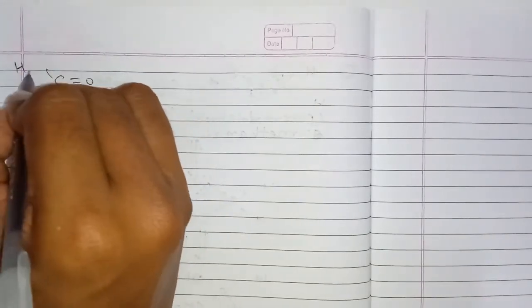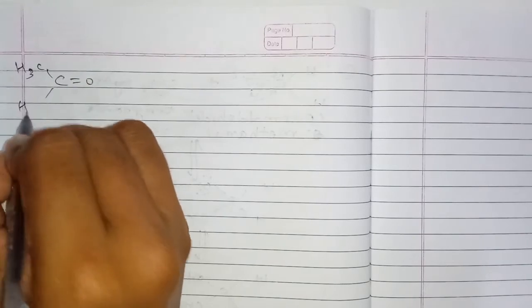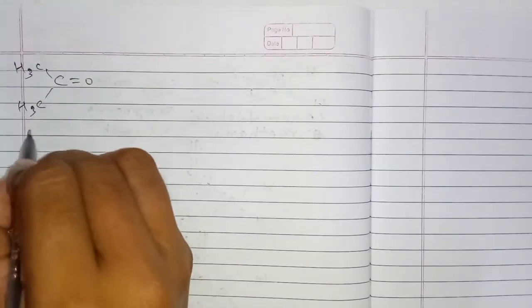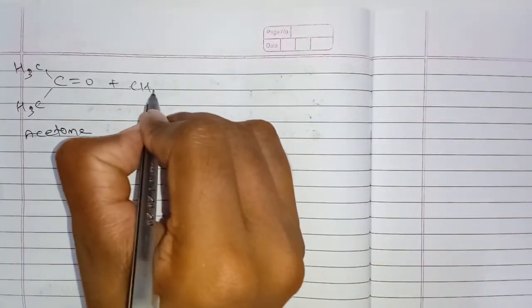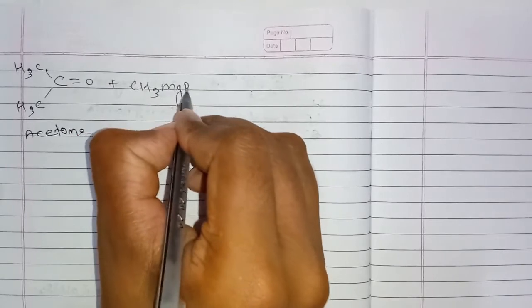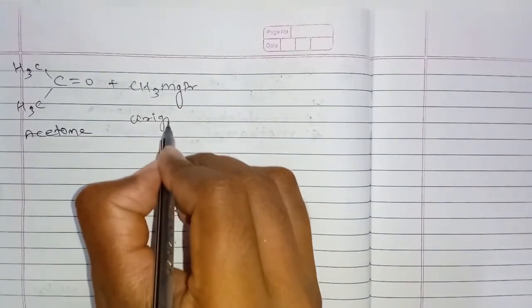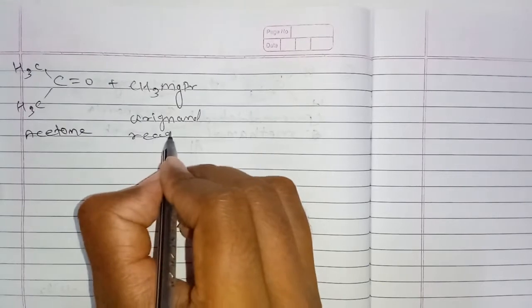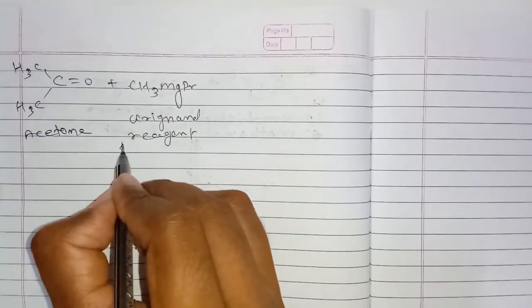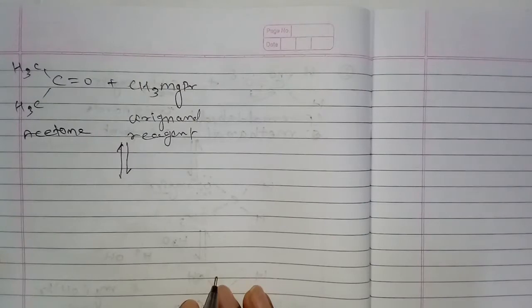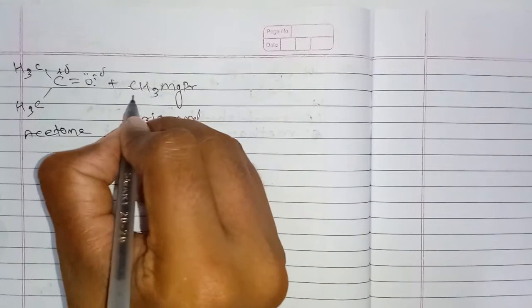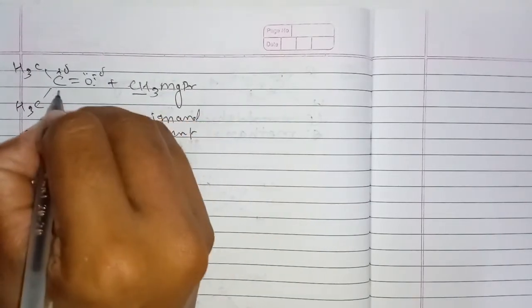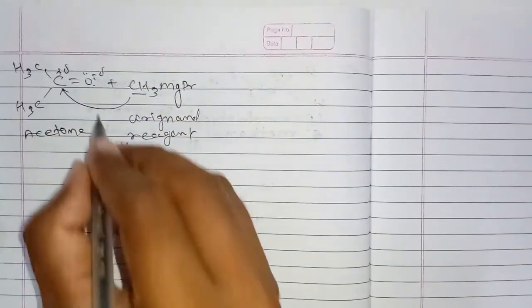Now CH3COCH3, this is acetone, which reacts with methyl magnesium bromide, this Grignard reagent. This will be the nucleophile methyl, which attacks the carbon atom.